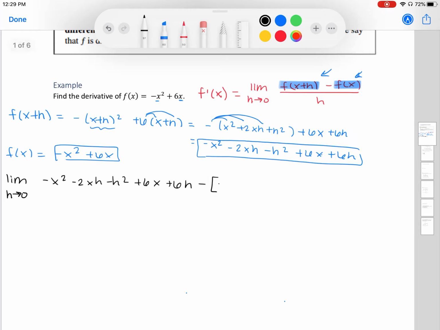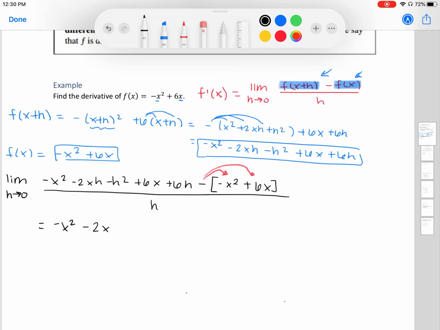So minus negative x squared plus 6x all over h. Let's go ahead and distribute that negative so that we have negative x squared minus 2xh minus h squared plus 6x plus 6h plus x squared minus 6x all over h.